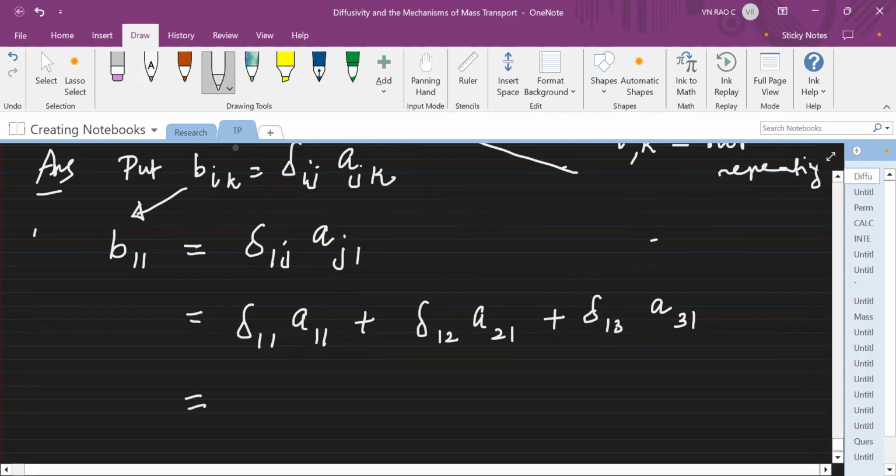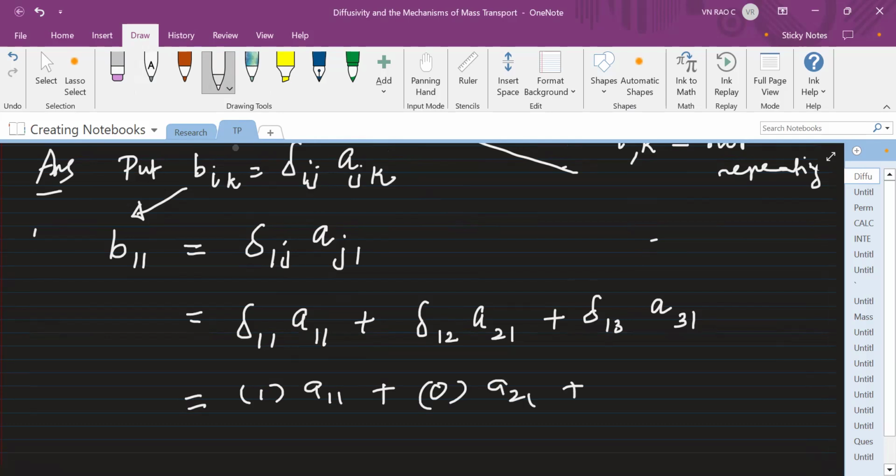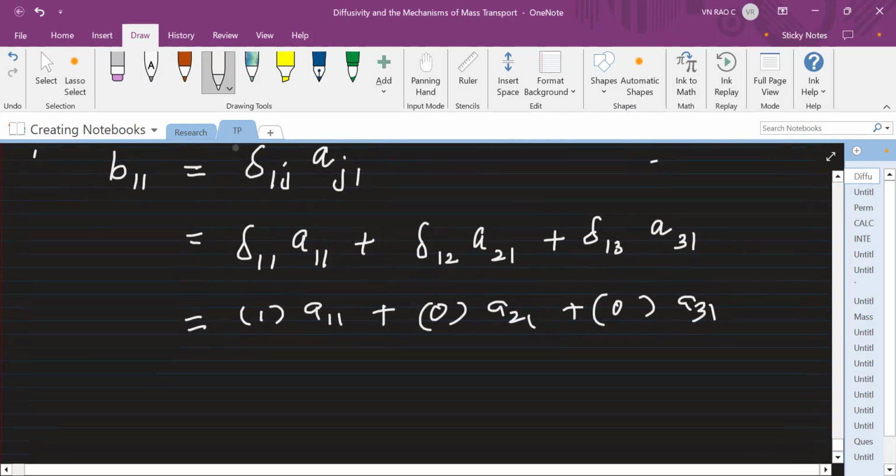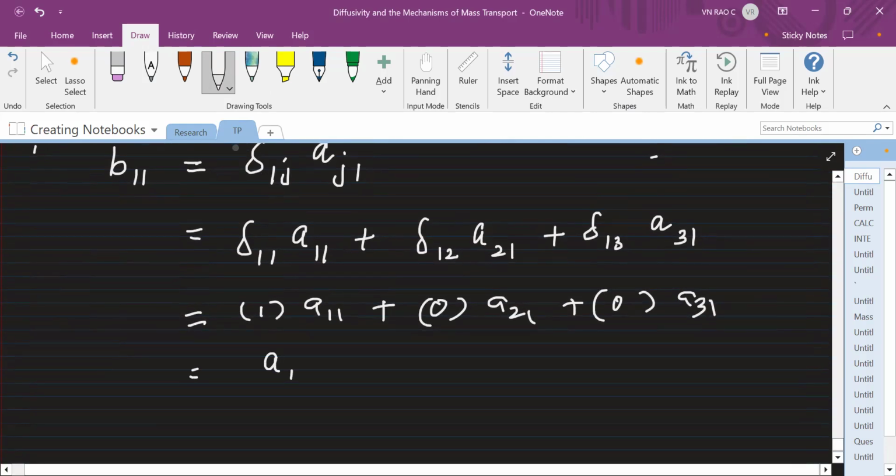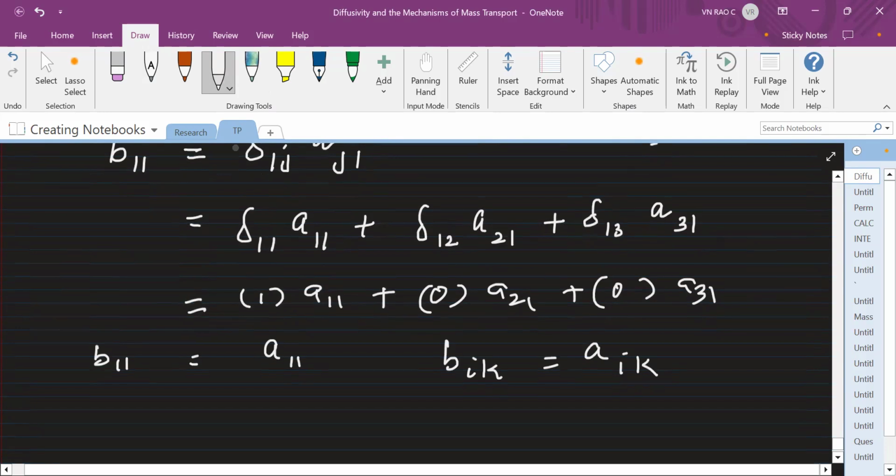So now this becomes 1 a11 plus 0 a21 plus 0 a31. So this becomes ultimately a11. That means the left hand side we have taken, b11, has come up to this. That means bik is nothing but aik.